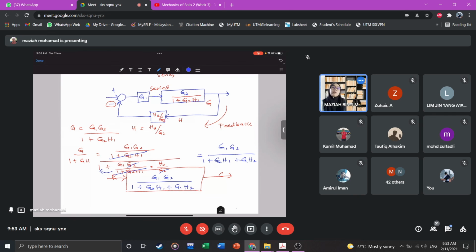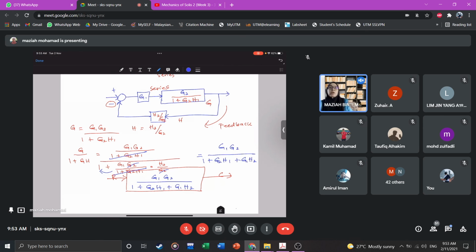Okay. I hope you will be able to see the steps in order to get the final transfer function using the block diagram simplification method. Just determine whether it's series, parallel forward or parallel feedback, and then check if there is any summation point or pick-off point that you need to move.